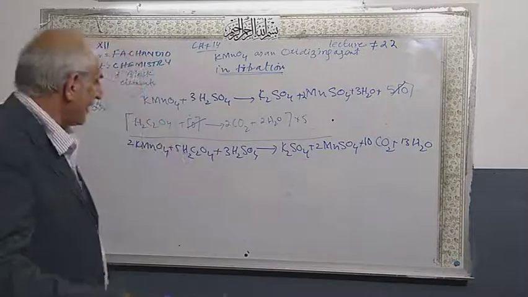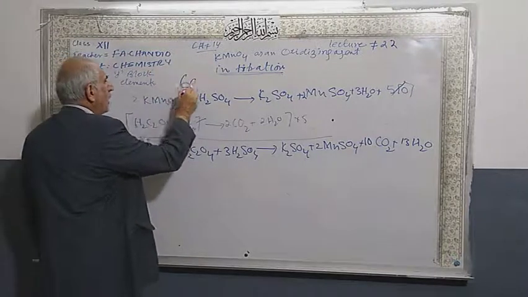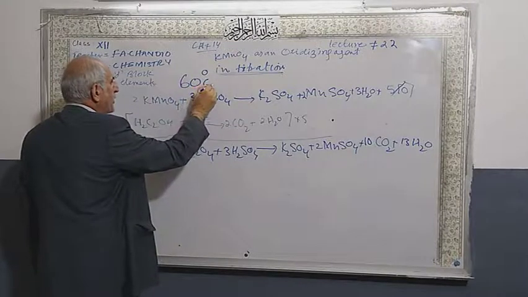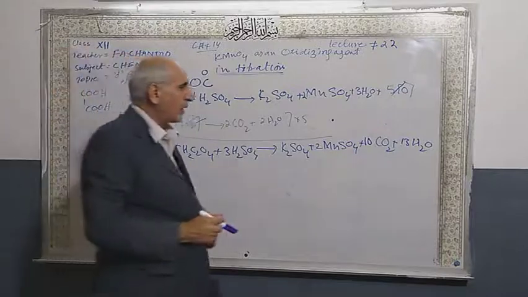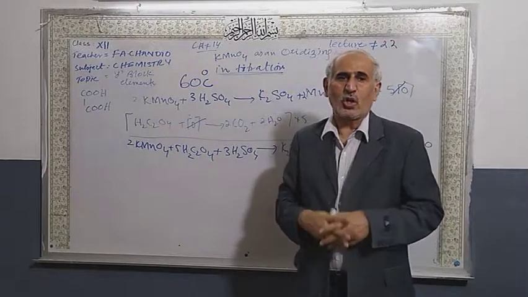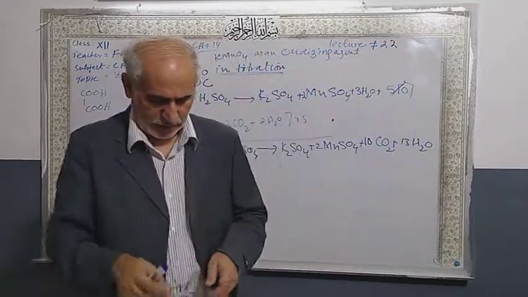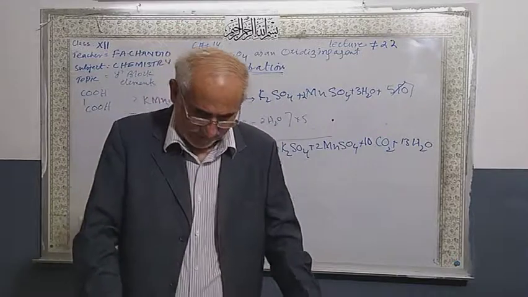So here there is oxidation, and in hot conditions you have to maintain the temperature of the solution with a thermometer at 60 degrees centigrade, not more than 60. You have to use the solution which is given in the condition in your book. So this is the second equation.